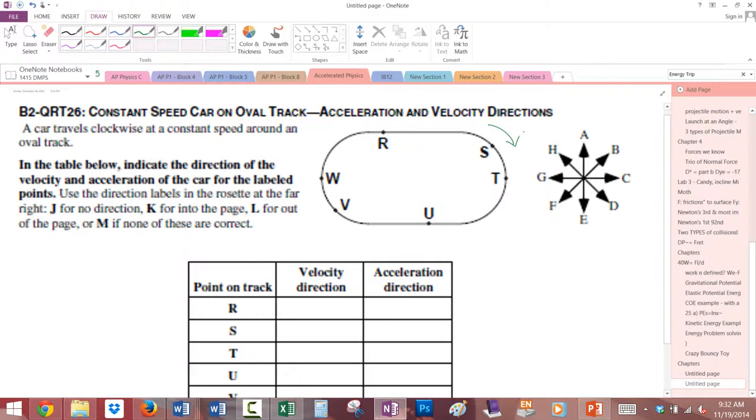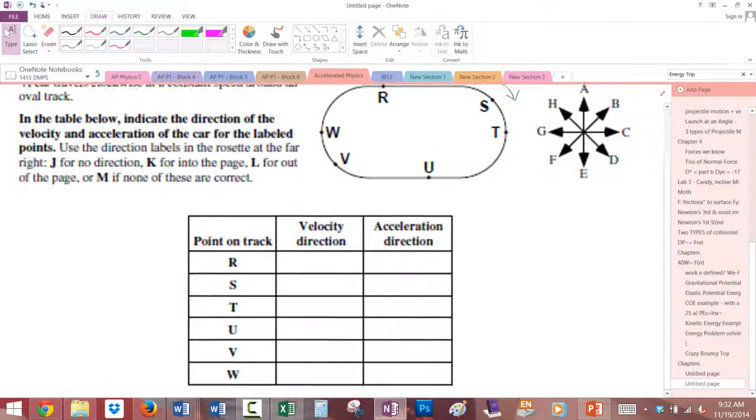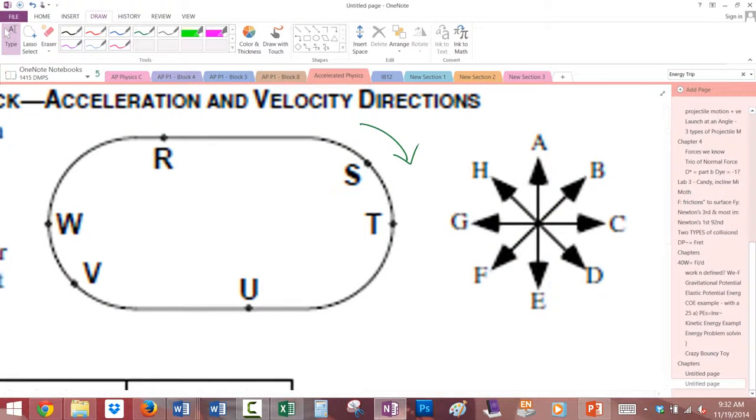It just wants you to look at R, S, T, U, and V, and also W. So I'm going to make this really big so you can see the picture. Make a little chart on your paper. I want to know the direction for the velocity and for the acceleration in each of these cases.